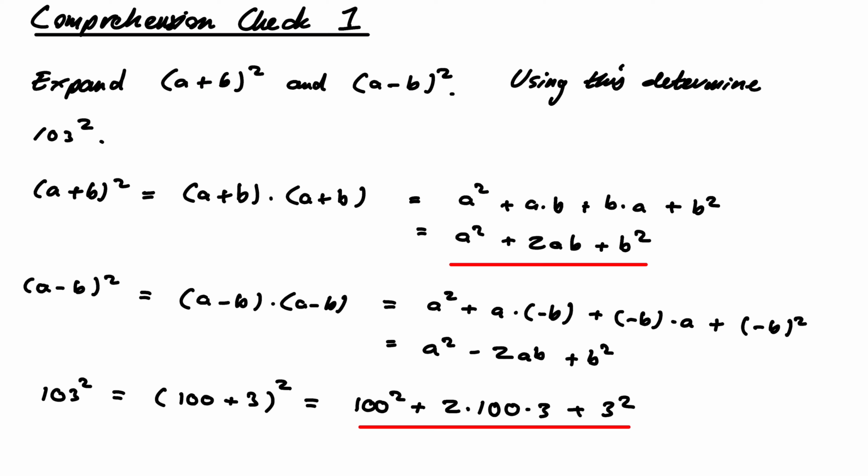So what does all this come out to be? This is going to be 10,000 plus 600. Is it plus 9 here? Is that correct? I think so. So putting all this together gives me 10,609 when all is said and done.